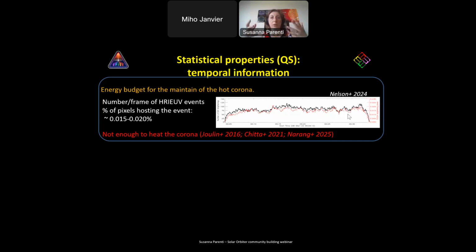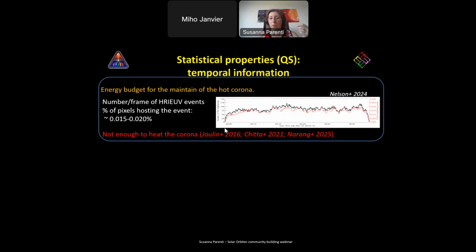But when you go and count them and make an estimate of the energy that they provide, it is a very, very tiny amount. They occupy a tiny amount of space and a tiny amount of energy. And so what is found confirms some previous studies that we are still not there. Even the smaller features that we see in IRIS are not enough to maintain the corona.